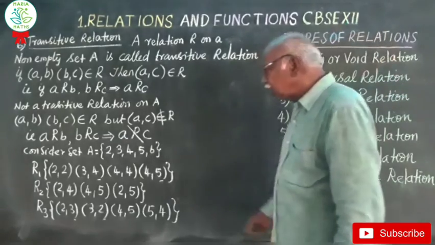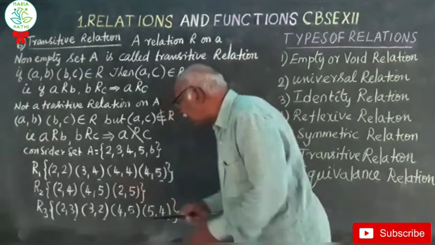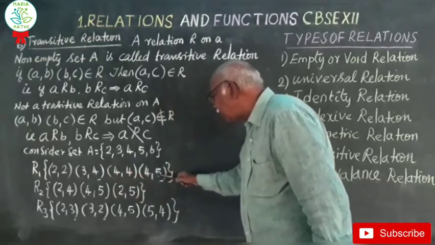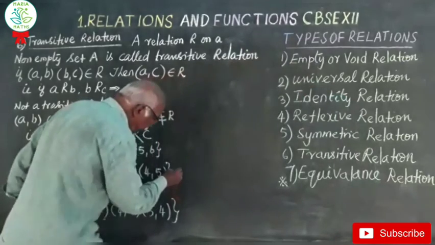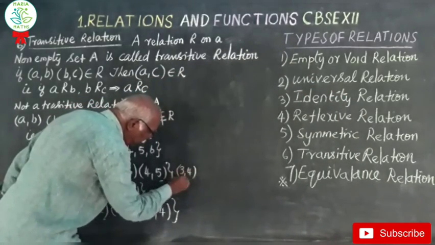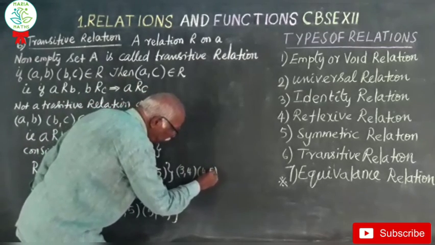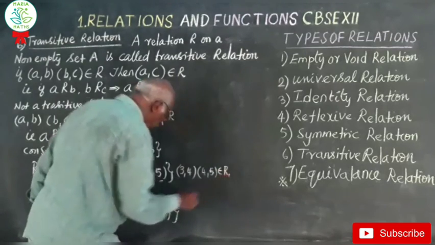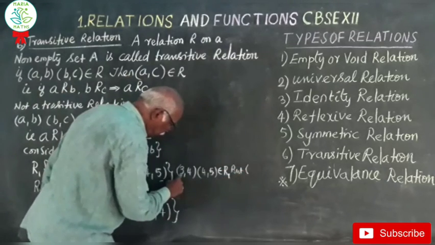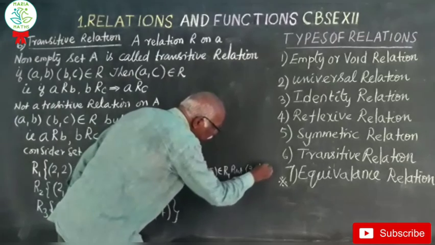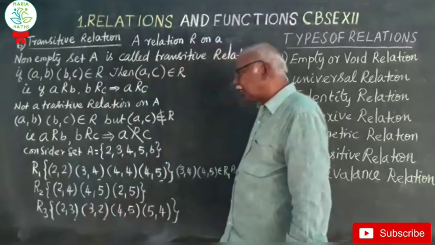First check (2, 2). 2 is not related to some other element. (3, 4) is there, (4, 5) is there, but (3, 5) is not there. (3, 4) and (4, 5) belong to R1, but (3, 5) does not belong to R1. Therefore, R1 is not a transitive relation.